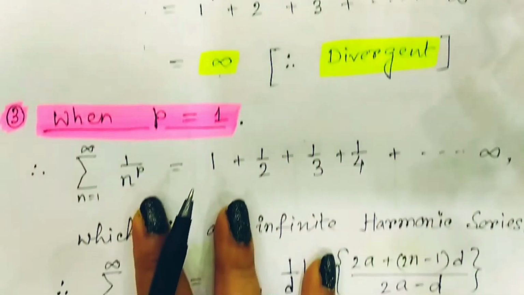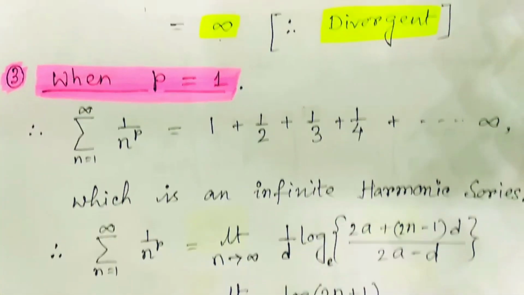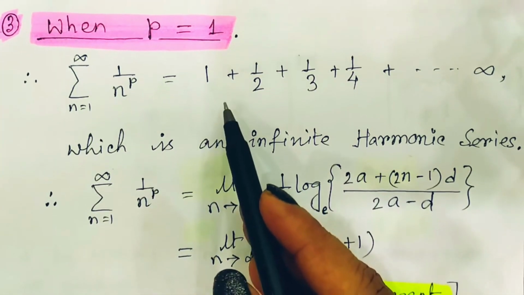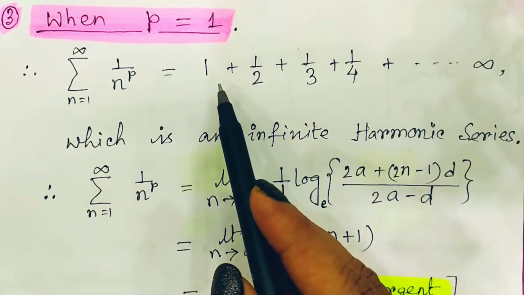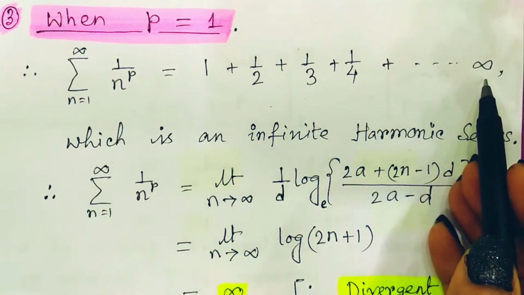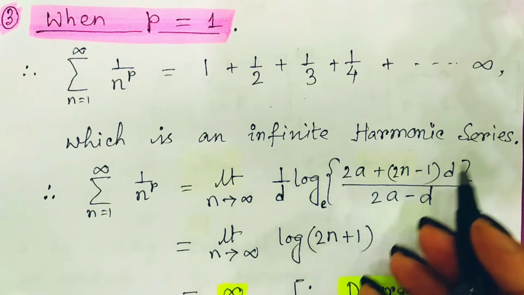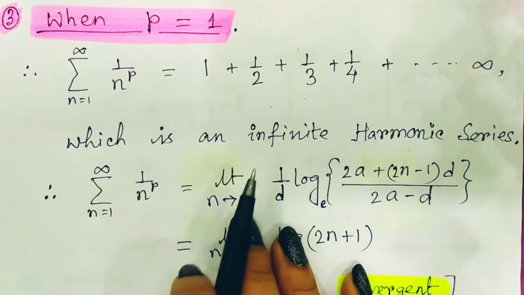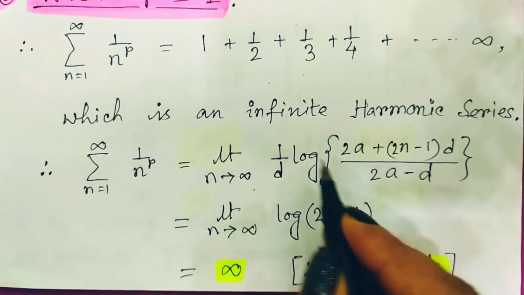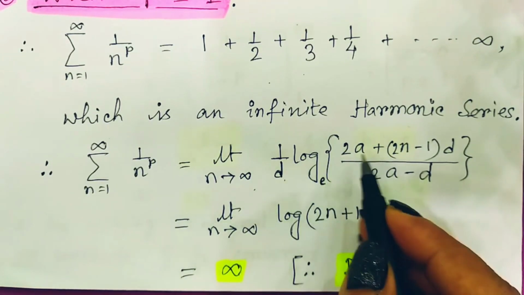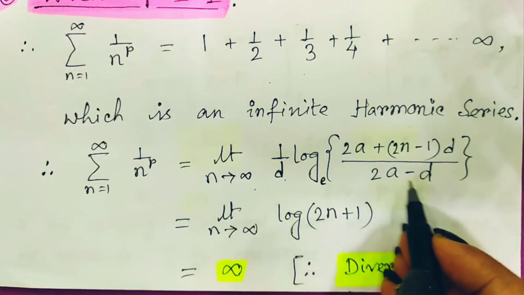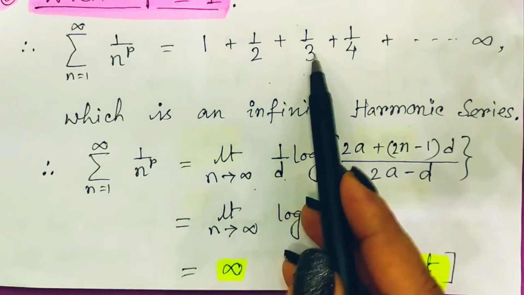Now if P is exactly 1, then what happens? We substitute P for 1, so that we find the series as 1 plus 1 by 2 plus 1 by 3 plus 1 by 4, in this way up to infinity, which is the infinite harmonic series. And we know if we want to take its summation, then as n tends to infinity, the summation is 1 upon d log of (2a plus (2n minus 1) d) divided by (2a minus d), where a should be 1 and d should be 1.